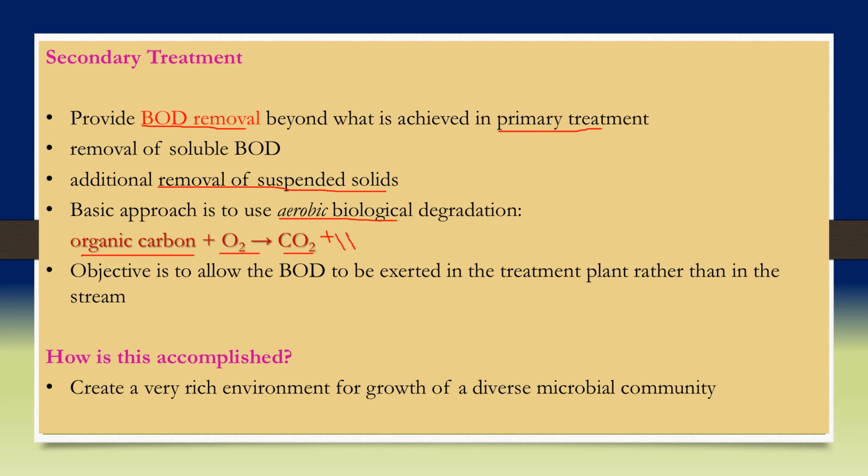So basically in the secondary treatment, the objective is to allow the BOD to be exerted in the treatment plant rather than in the stream. So in the biological treatment process, it will add the microorganism to degrade the organic contaminant with the presence of oxygen to produce carbon dioxide and purified water.